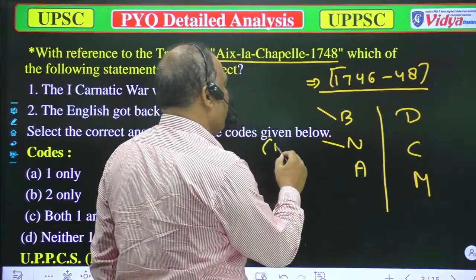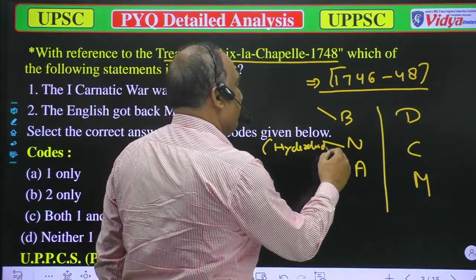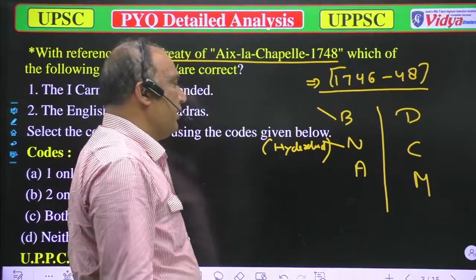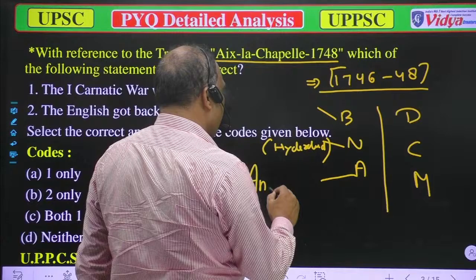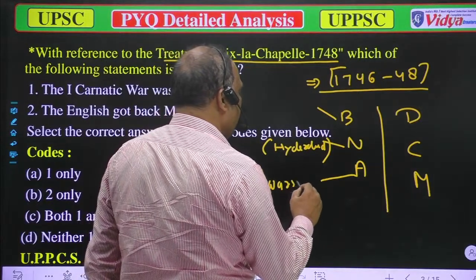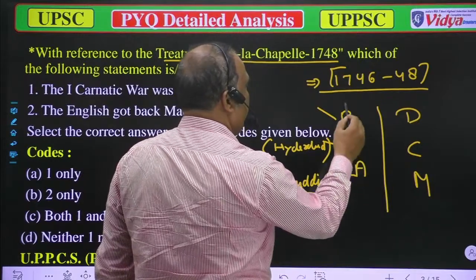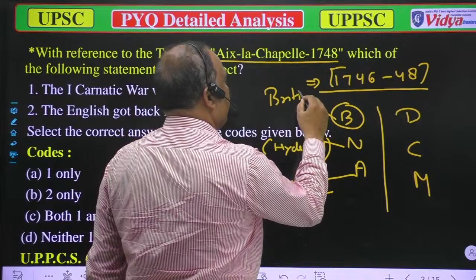Nasir Jung for Hyderabad. He was claiming he wanted to be the successor of Hyderabad, and this was Anwaruddin, and A means Britishers.